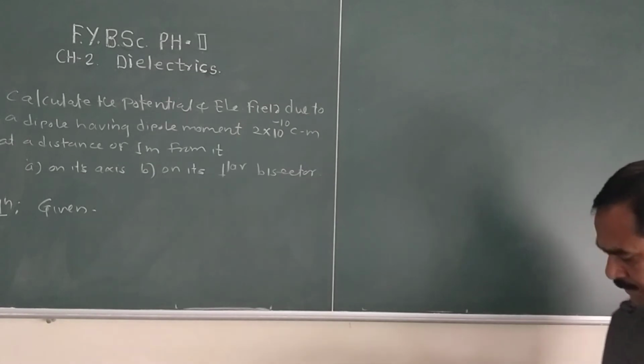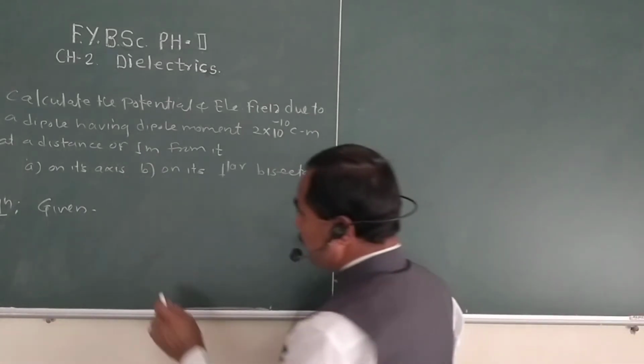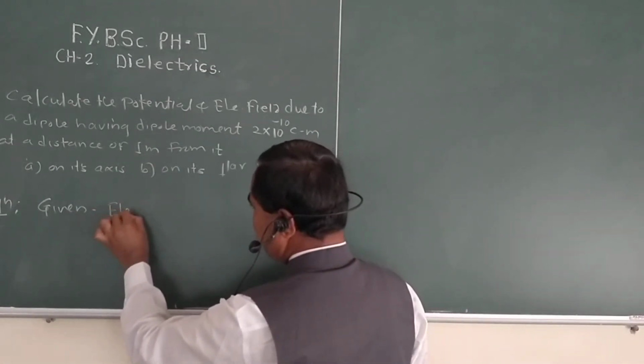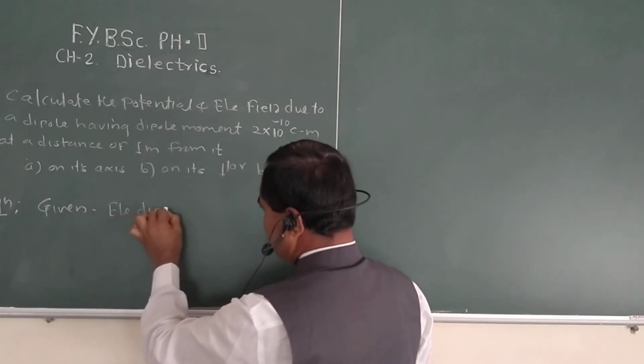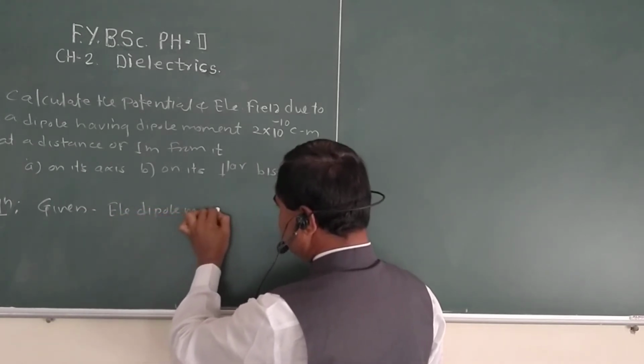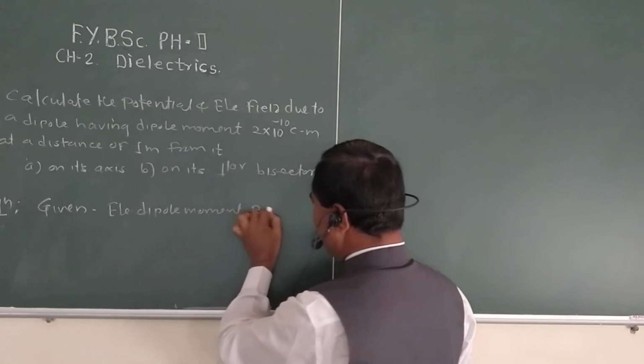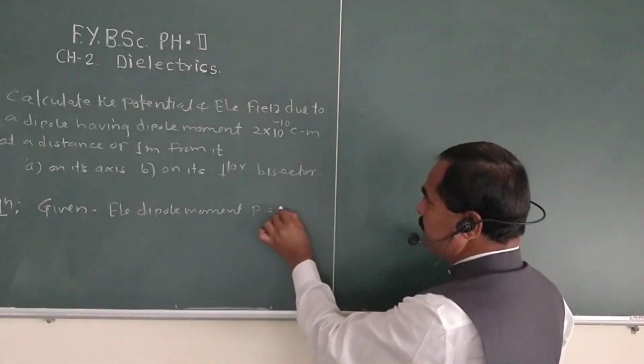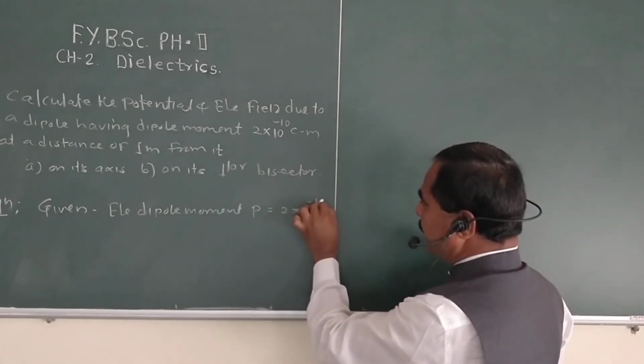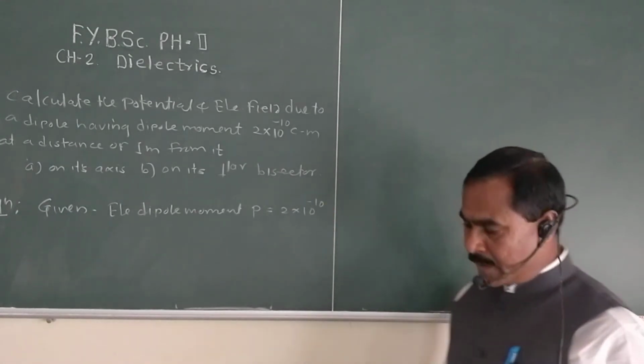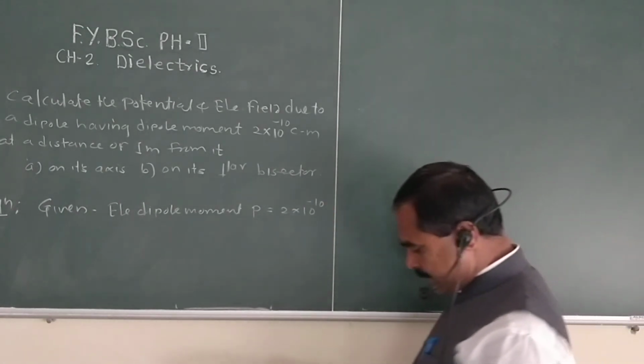Okay, so the first given quantity, that is the electric dipole moment, that is P equal to 2 into 10 raised to minus 10. Okay, then next we write the distance.